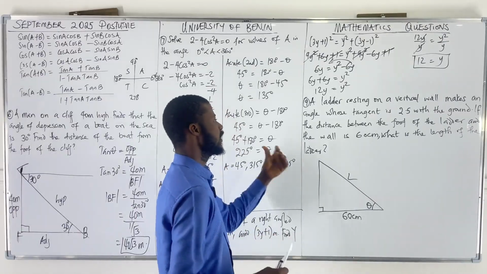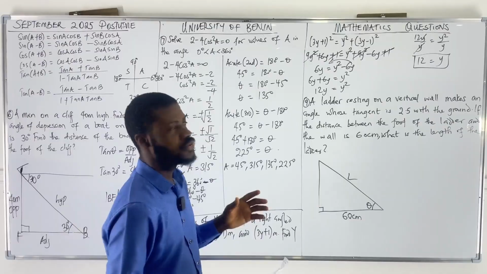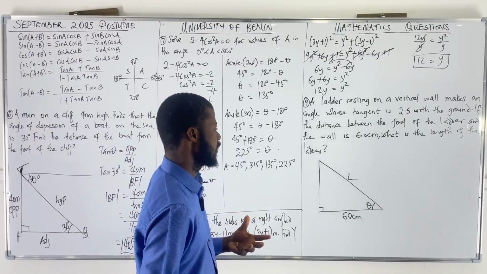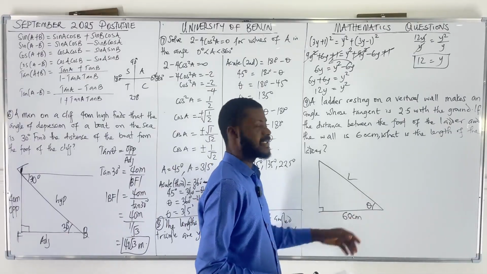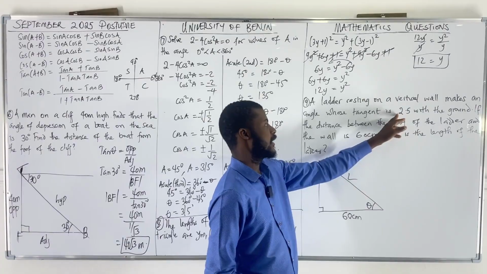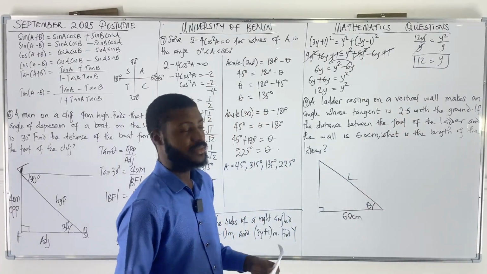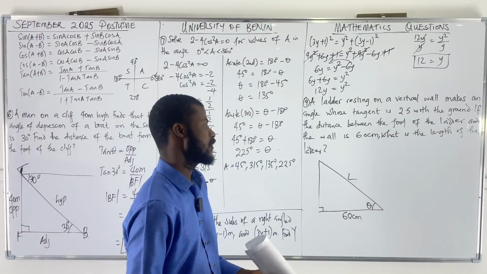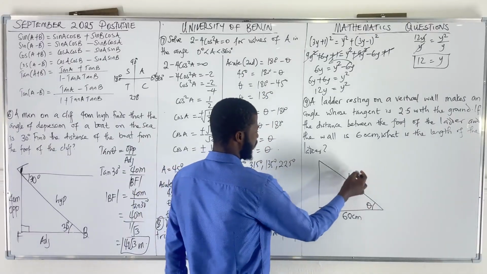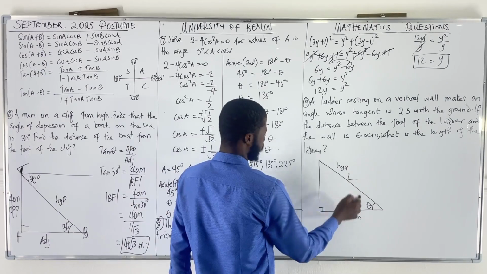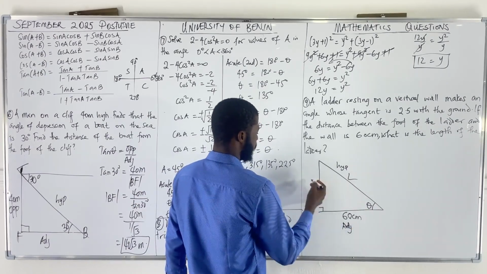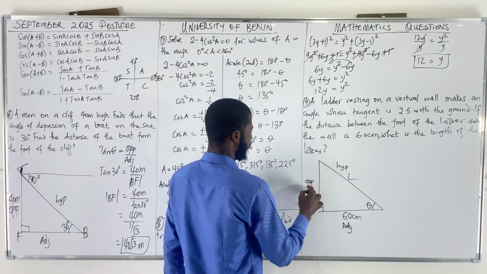The thing is, this problem is too bad in the essence that we're not given what theta is. We're only told that the tangent is 2.5. Because to solve this problem, we have the hypotenuse, and this is the adjacent, because this part is the opposite, but there's no information here.